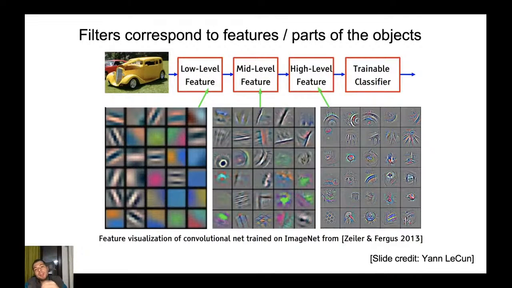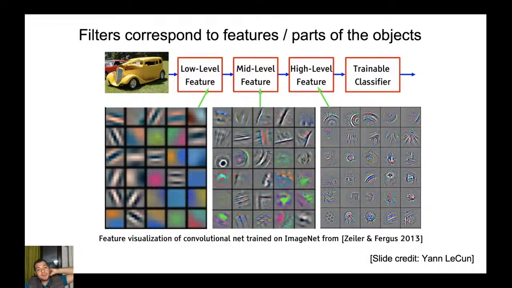We need fewer filters that activate on low-level features such as bars, edges, stains, so bars with various orientations and corners and so on.